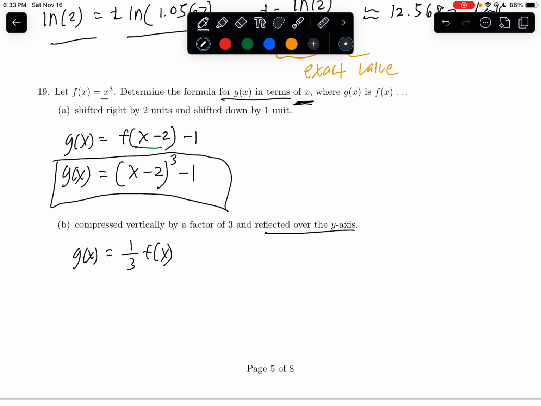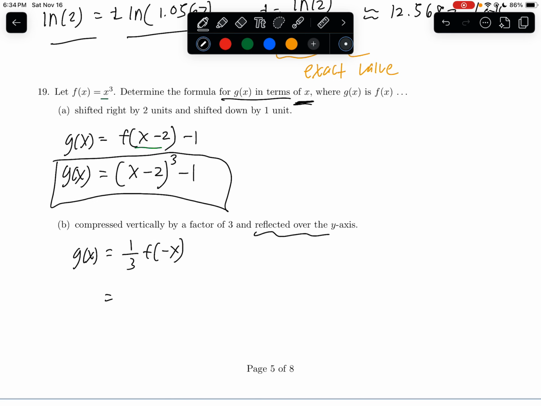But the other part of this is that I'm reflecting it over the y-axis. And to do that, there was a multiple choice question before. If we want to reflect it over the y-axis, then we need to make the inputs negative. And so actually what I'm doing is doing f of negative x, and that's taking care of the reflection.